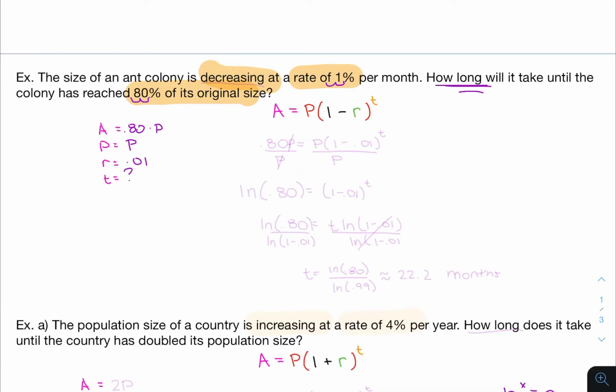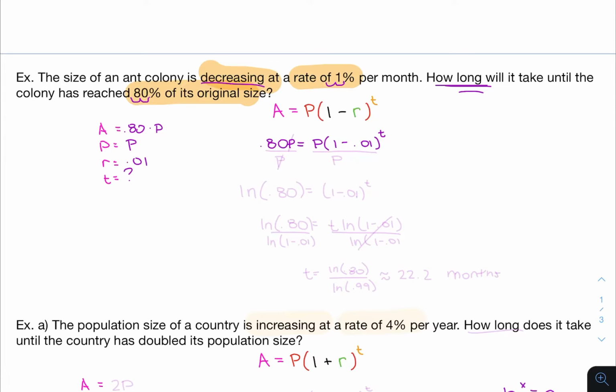Now that we have all our information, we know that our function is decreasing, so we're going to use the decay formula. So we have 0.80p is equal to p times (1 minus 0.01) to the t power.